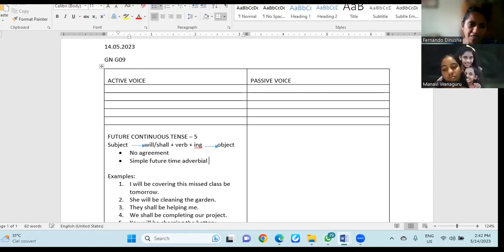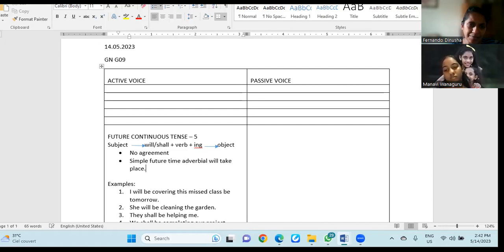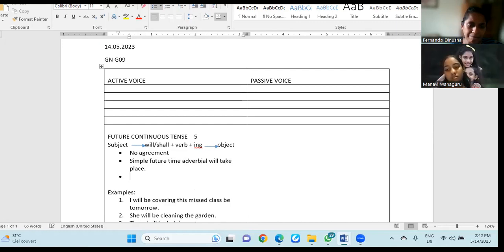Time adverbials will take place. Strong statement. Will be creating.